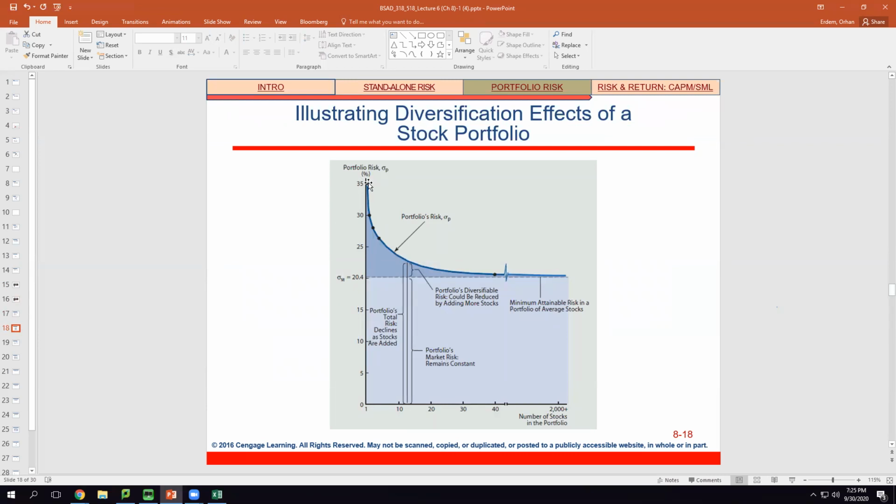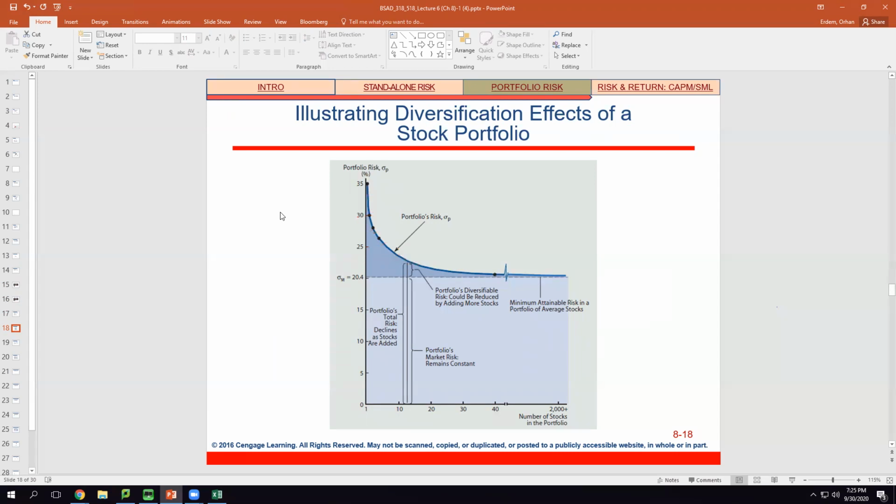Say you have one stock and your portfolio risk is 35%. You add one more stock which is negatively correlated, so you decrease the risk to 30%. You add one more stock and one more stock, and you decrease the risk as long as you add negatively or less correlated stocks. But up to one point, from some point you can't decrease it, just because there's something called market risk.